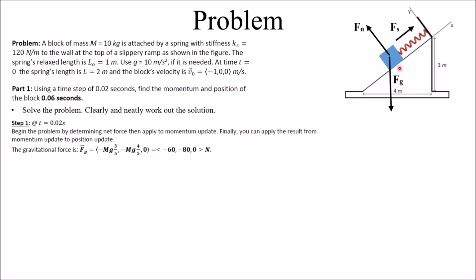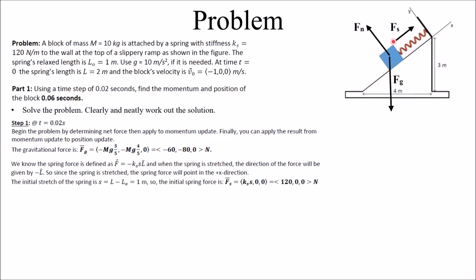We're trying to get to this net force, so we need to consider the other forces. The spring force is going to be acting in the positive x direction, and that depends on the elongation. They told us that it's stretched to a length of 2 meters, and the initial, relaxed length is 1, so we do 2 minus 1, which is 1 meter.